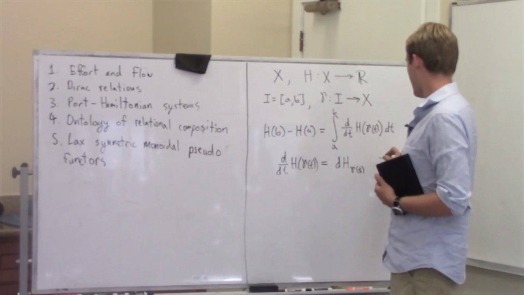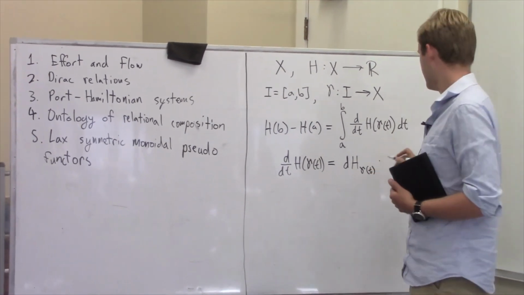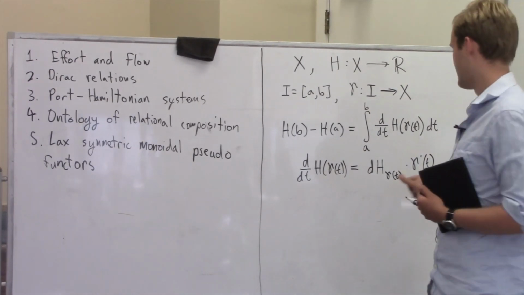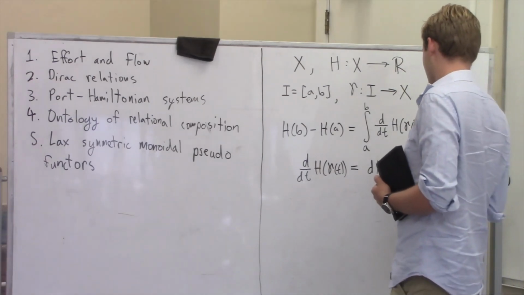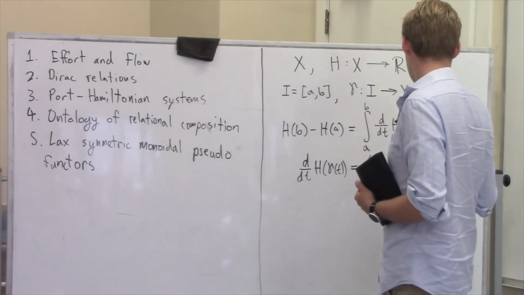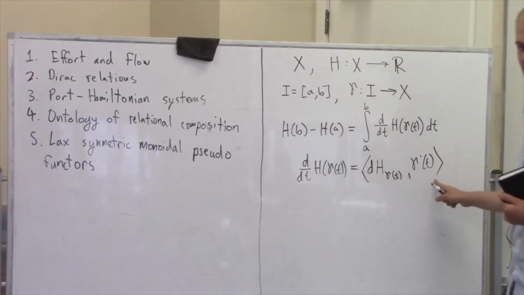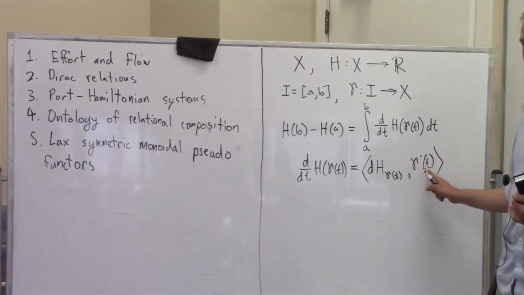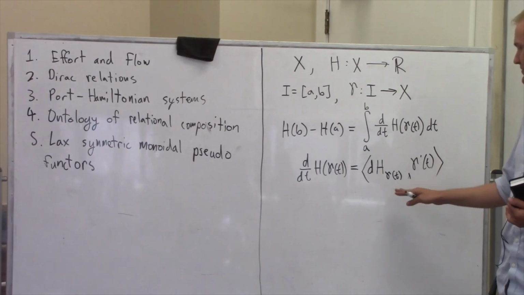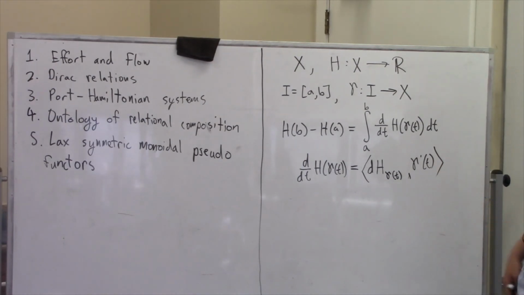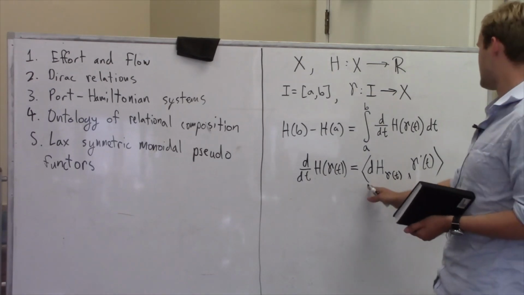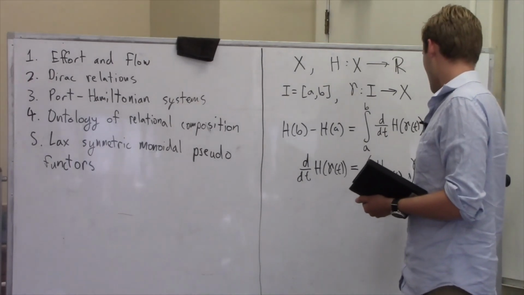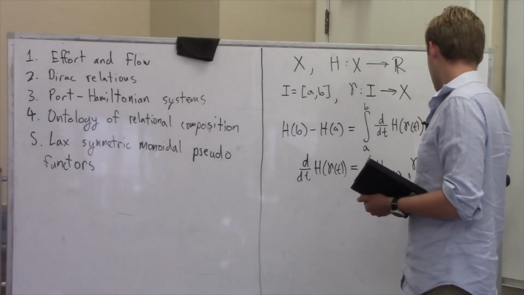And then we're going to dot that with gamma prime of t. Except because this is differential geometry, this is not an inner product. This is an element of a dual space, and this is an element of a primal space, and we're just applying these. But we're going to use this notation in the talk. But yeah, this is the basic, lowbrow approach. This is just grad h dotted with gamma prime.